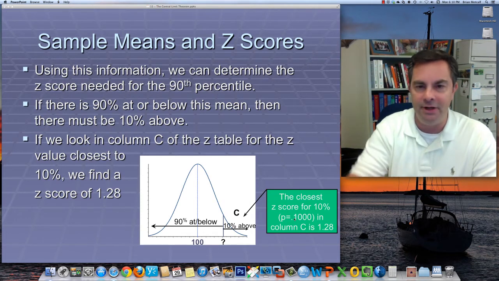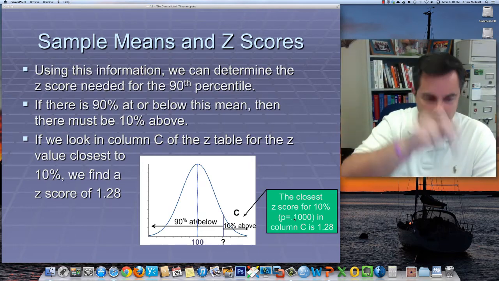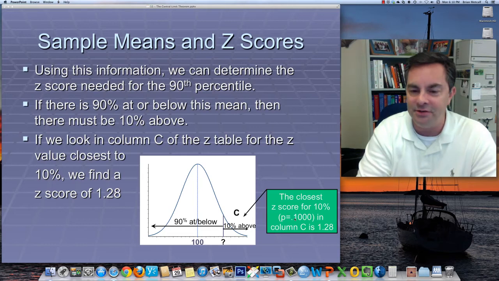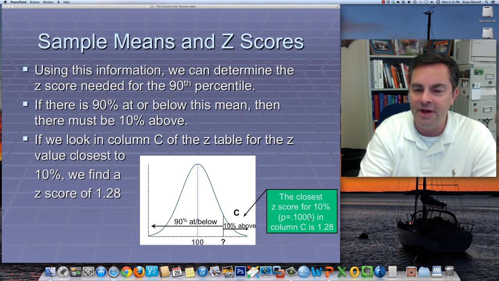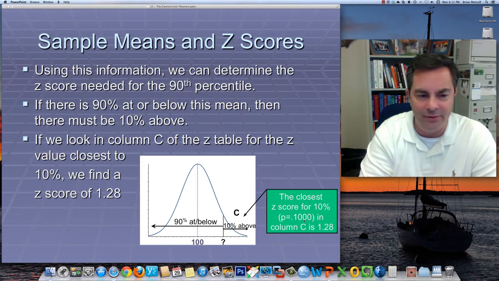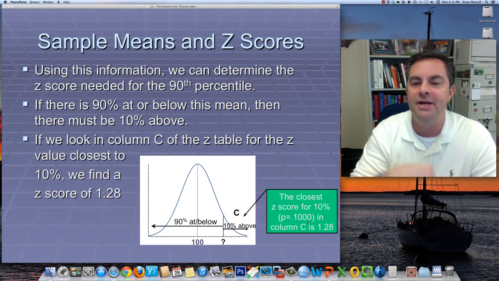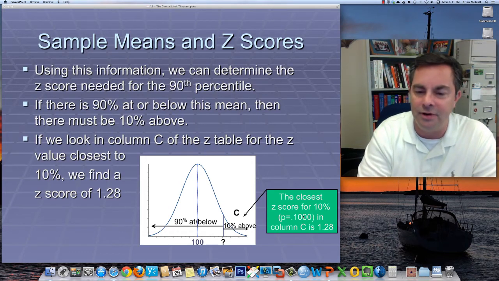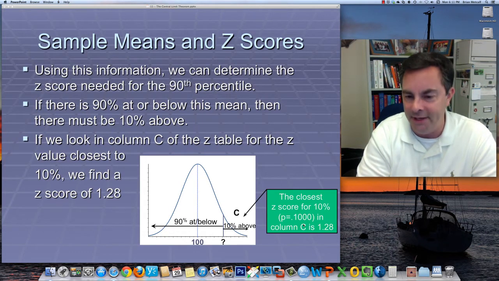Now my task would be to go rifling through column C and find a number closest to 0.1000. Sometimes when you do this, they're not in there exactly. You might not find the exact p-value, and I believe this is one time when that happens. So you find the nearest one, the closest value. I'm looking for a z-score now closest to 0.1 in column C.